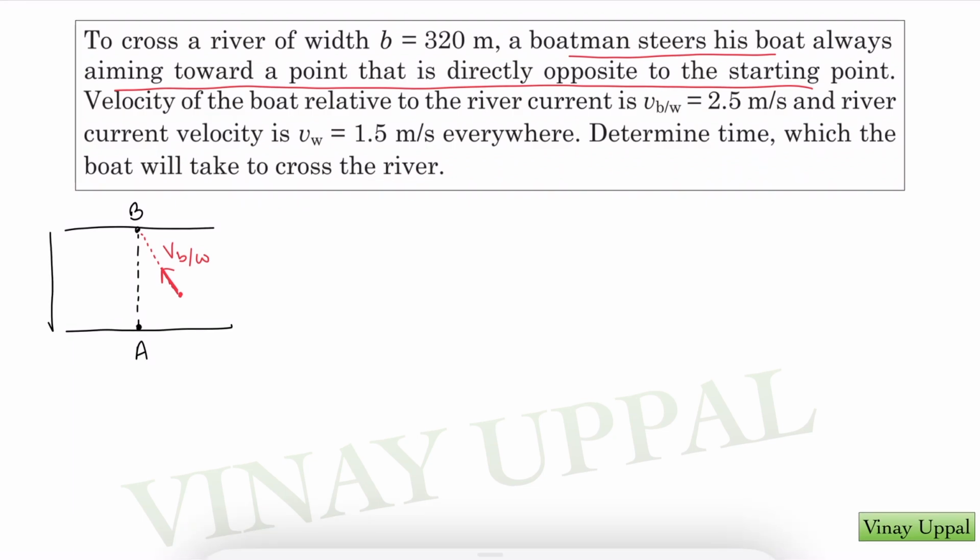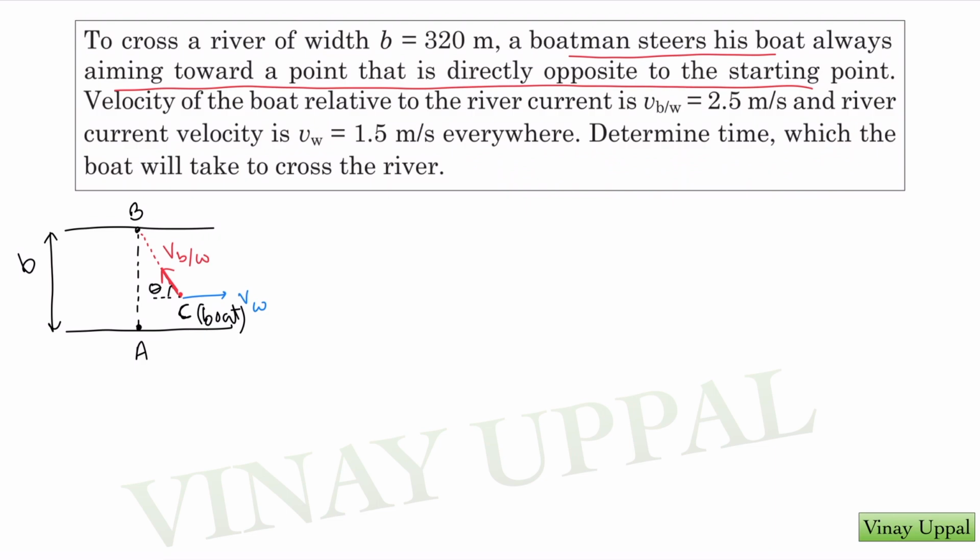Okay, so the width of the river is given to us as B. So the velocity of the boat in the ground frame would be a resultant of the relative velocity and the river velocity. So that is given to us as VW, velocity of the water. So let's say at some instant the angle that this relative velocity makes is theta with the line along the river flow, and let me label the boat as C. So C is my boat.